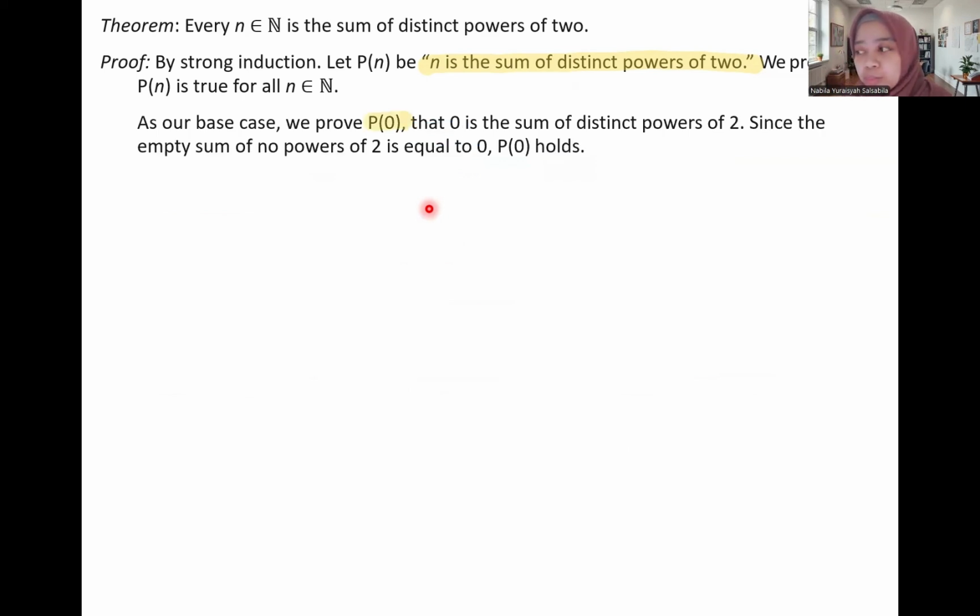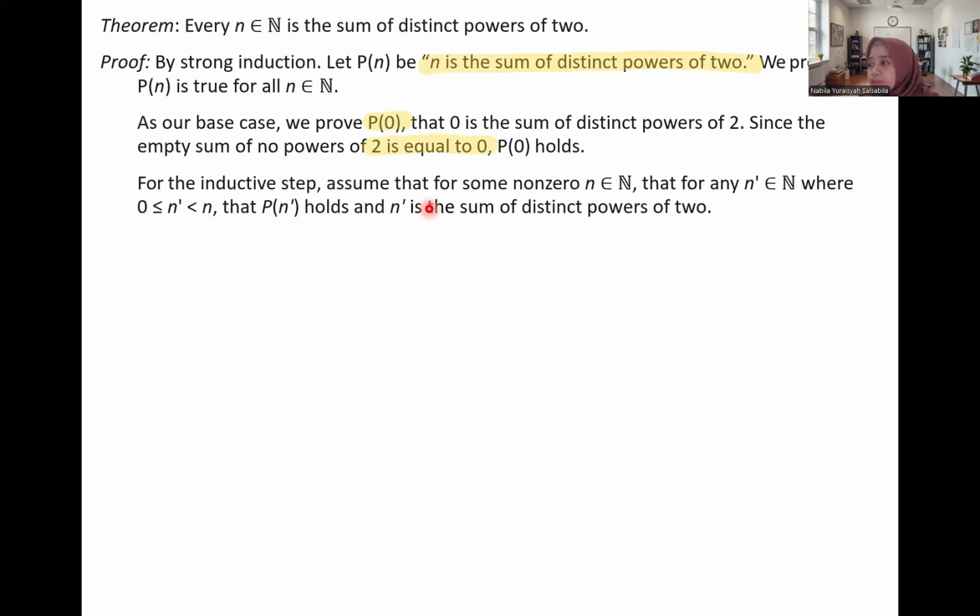The base case is true because 0 can be obtained by the empty sum of no powers of 2.